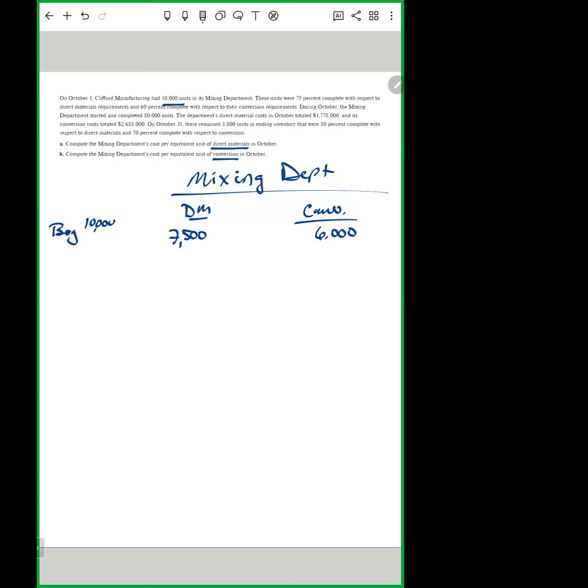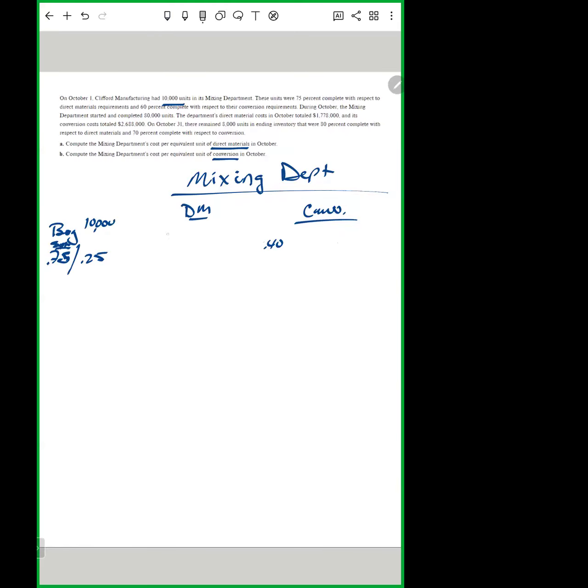Okay. That 75% is what we had in September, right? And I'm interested in October, so that's 0.25, right? And the same over here. The 60% is September, and I'm interested in the 40% that is October. All right.